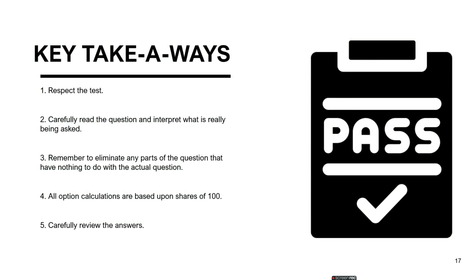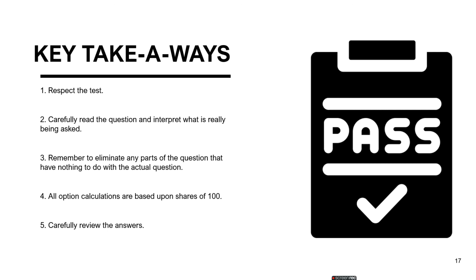Key takeaways. Number 1, respect the test. You have to study for it. Study, and study hard. Number 2, carefully read the question and interpret what is really being asked. Number 3, remember to eliminate any parts of the question that have nothing to do with the actual question.